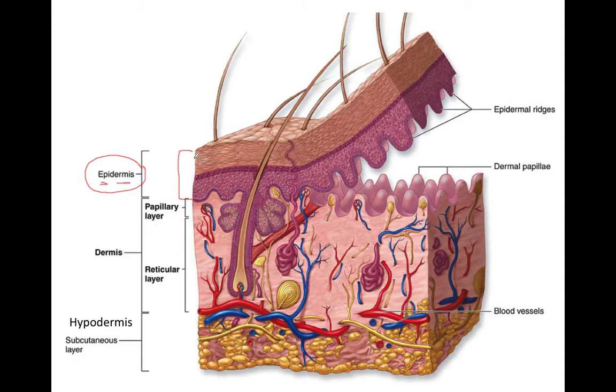This is epithelium. What kind of epithelium? This is stratified, squamous, keratinized. These cells are dead. So we'll talk about why it's keratinized, but just know this is stratified, squamous, keratinized epithelium.